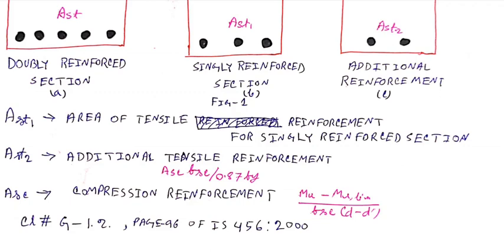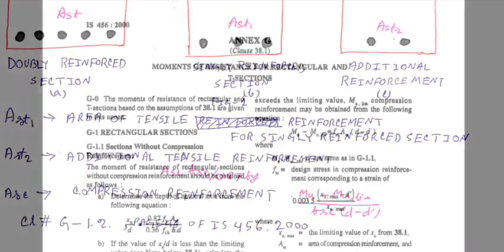Let's go to Annex G of IS 456-2000. You can see this formula is already written, and there are a few new terms, Fsc and d dashed. I will discuss these after seeing Annex G. So let's go to the code.